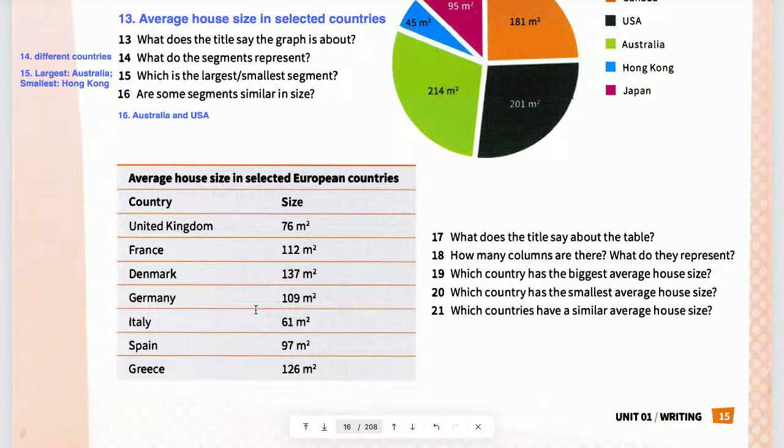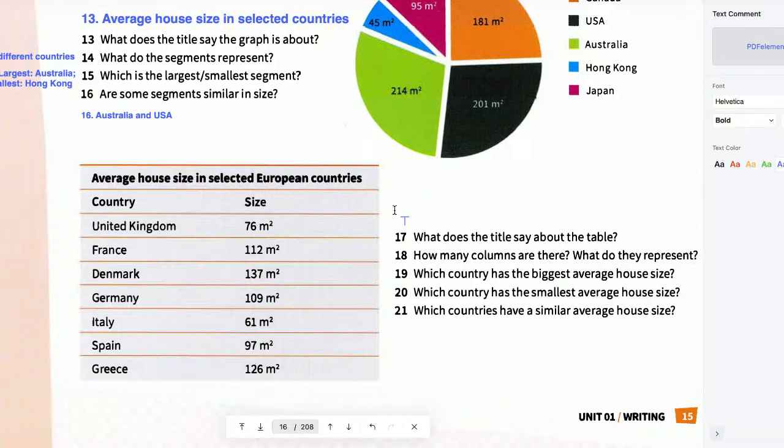Yes, it is mentioning the average size of houses in selected European countries. Okay, you can explain it like that, or you can just write the same. But remember, in the writing part, you should change something, or if you're not able to change, then you can use that title again. It's fine. Okay. 17. So you can write something like average size of houses in selected European countries.